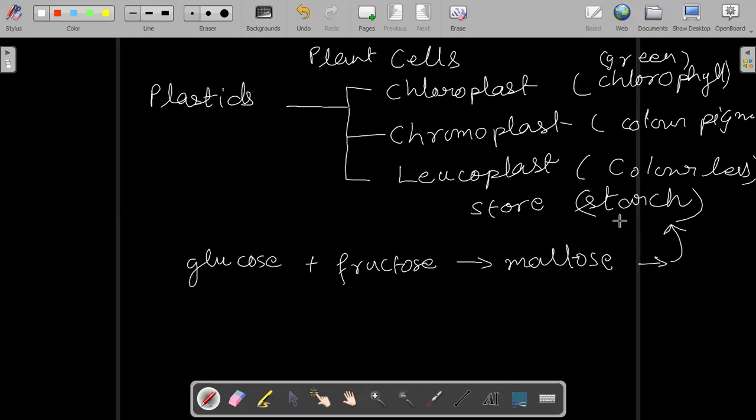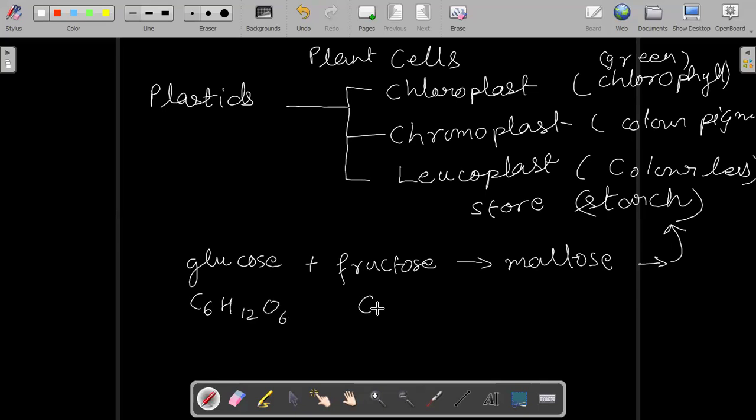What is fructose? Fructose is the sweetening element found in fruits. So can we say it's composed of sugar? Yes. If you look at the formulas, glucose is C6H12O6.